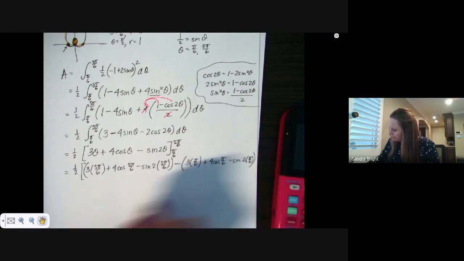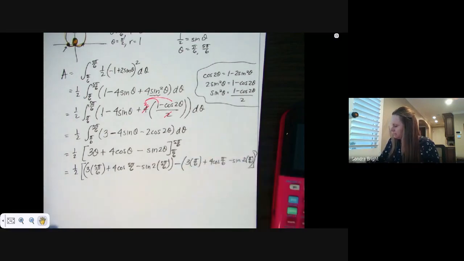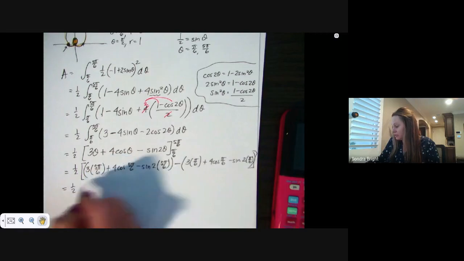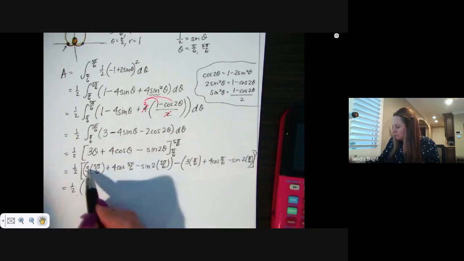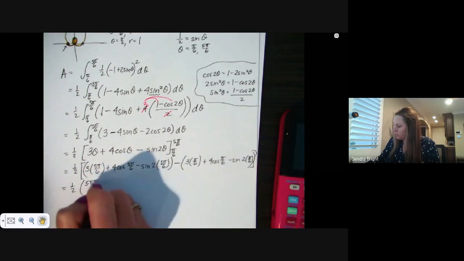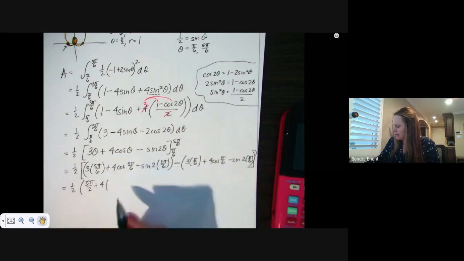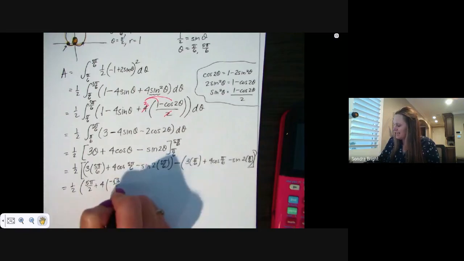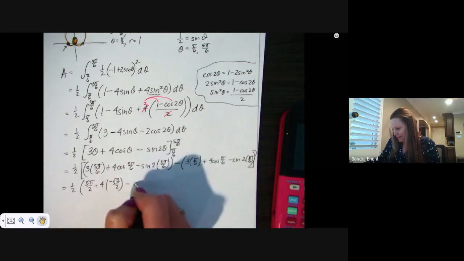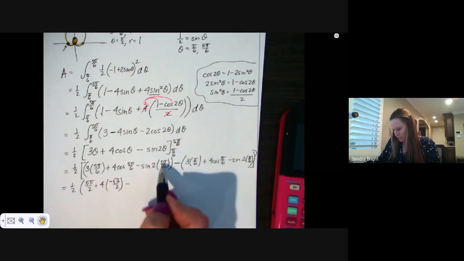All right. What does that become? 5 pi over 2 plus 4 times cosine of 5 pi over 6 is a negative rad 3 over 2, minus sine of 5 pi over 3, that's quadrant 4, that's a negative rad 3 over 2.